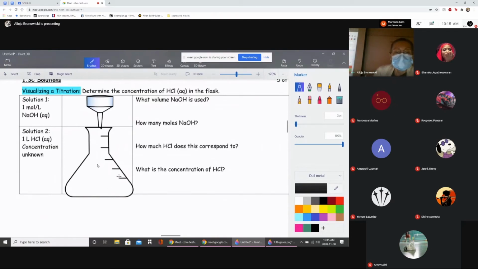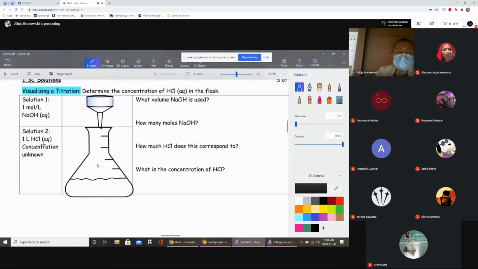Let's say I have really big glassware, and I have a liter of HCl. So I have a liter of hydrochloric acid in my flask. We were just talking about this, right?